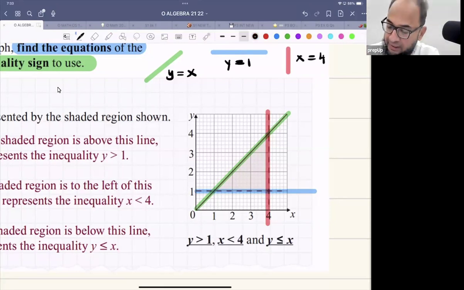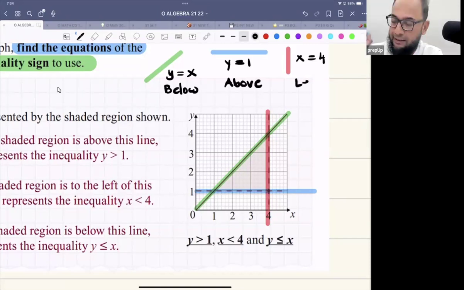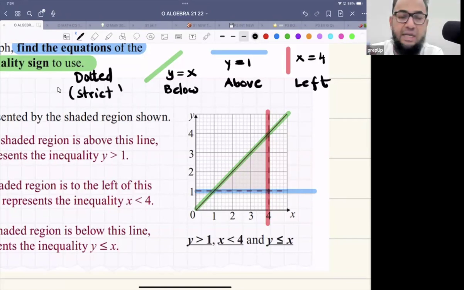Now it's a triangle. There are three regions, there are three boundary lines. Now it's below the green line, yes. Above the blue line, yes. Left of this line. All these lines are dotted. That means they are strict inequalities, only lesser or only greater.